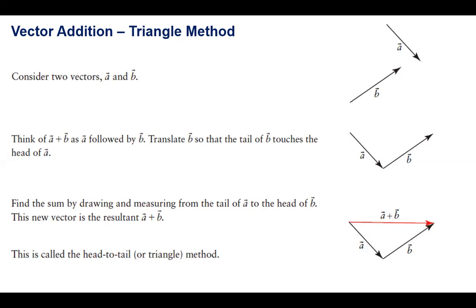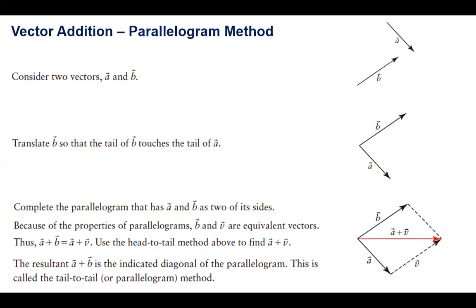Okay, then there is another method called the parallelogram method. Again, consider two vectors A and B like this. Translate vector B so that the tail of vector B touches the tail of vector A. Then we can complete the parallelogram that has vectors A and B as two of its sides. Because of the properties of parallelograms, vector B and vector V are equivalent vectors.